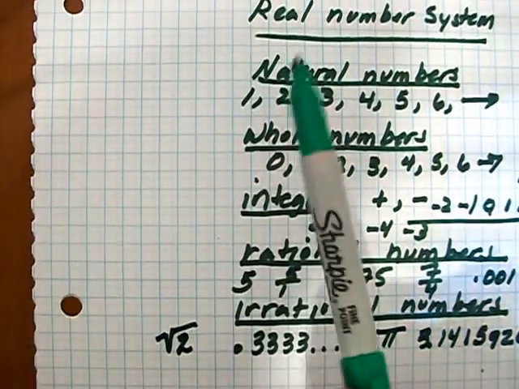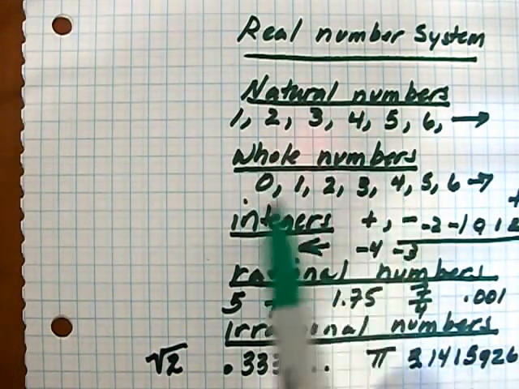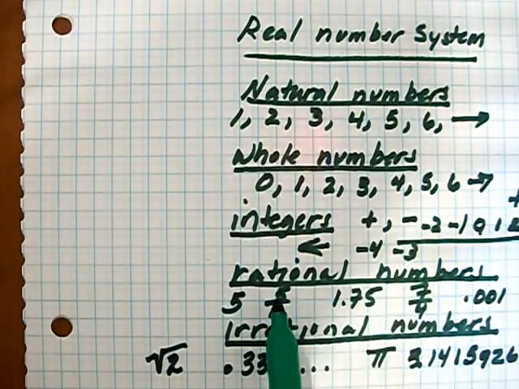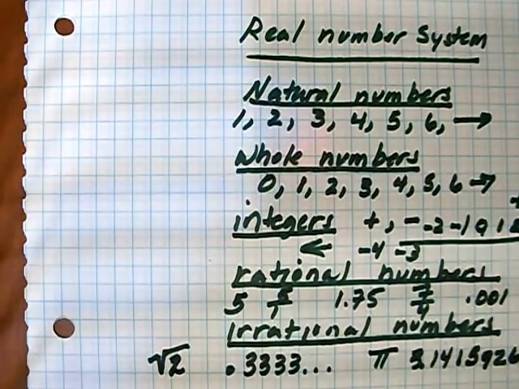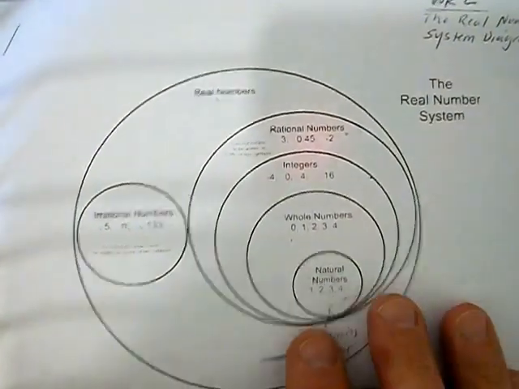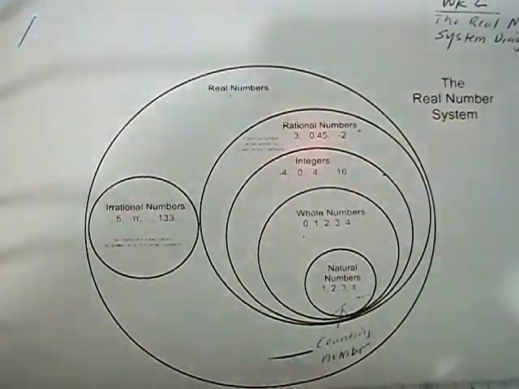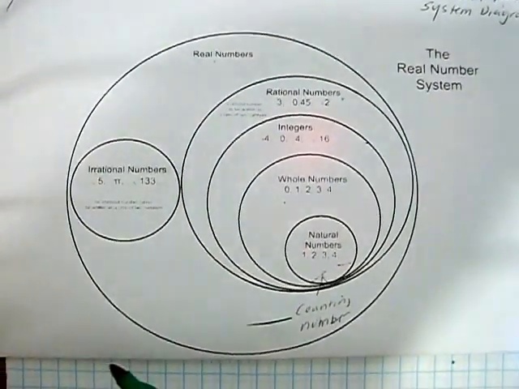So again, these are our real number system: natural numbers, whole numbers, integers, rational numbers, and irrational numbers. Okay, I have a little chart that might make it easier to understand. This is a graph of our real number system.